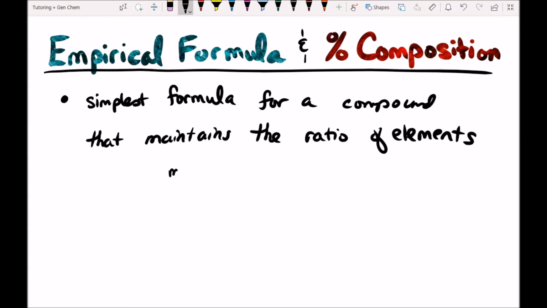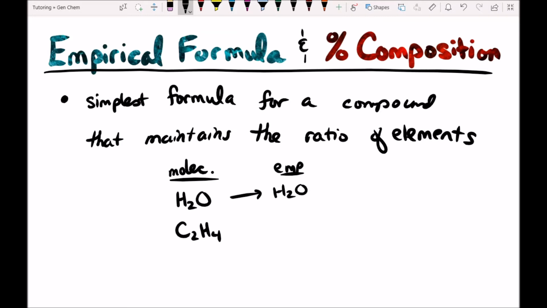So for example, we have the molecular formula, which gives us the exact number of atoms in a molecule. So we have something like H2O, or C2H4. And then the empirical formula for these, for H2O, it's the same. We can't simplify the ratio of 2:1 hydrogen to oxygen any further.